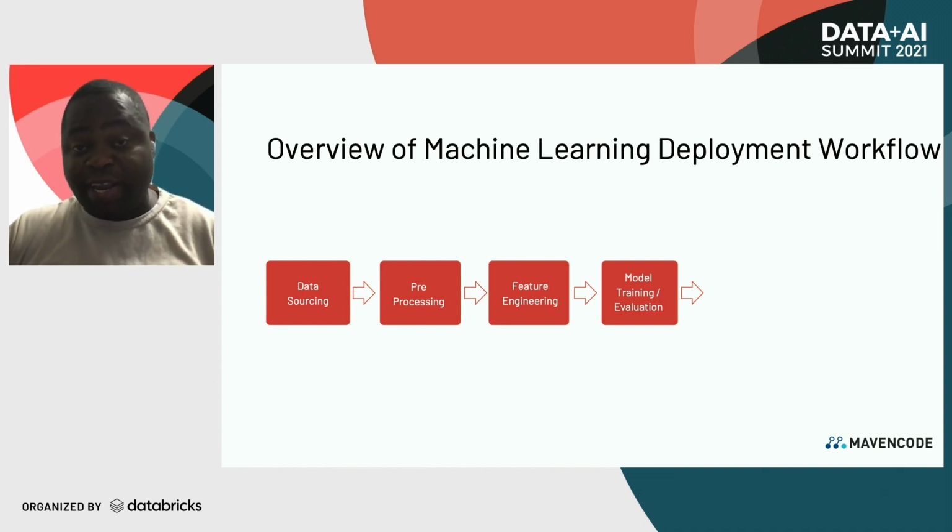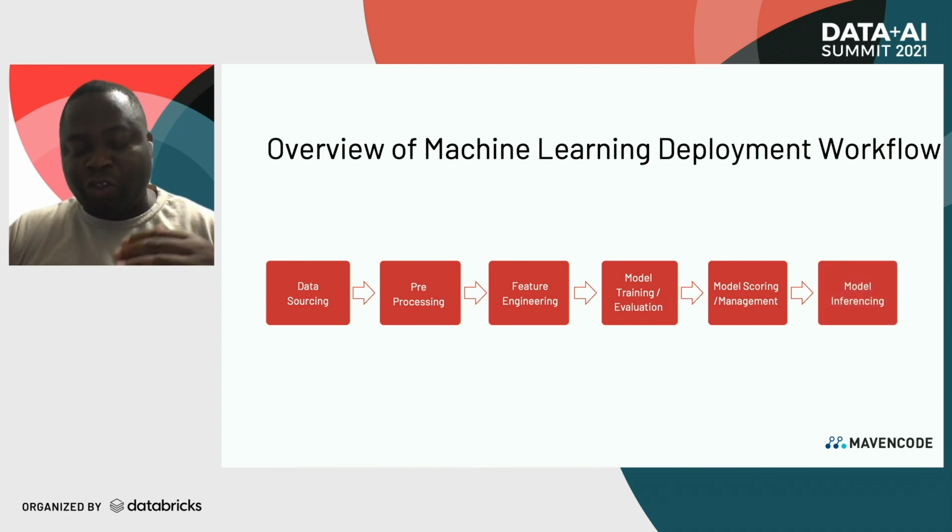After you are satisfied and you pick which of the models you think is good for model deployment, you go to the next stage, which is where you want to use the model for actual inferencing and scoring, as well as model management. And once you have gone through this entire pipeline, you are ready to push your model for inferencing.